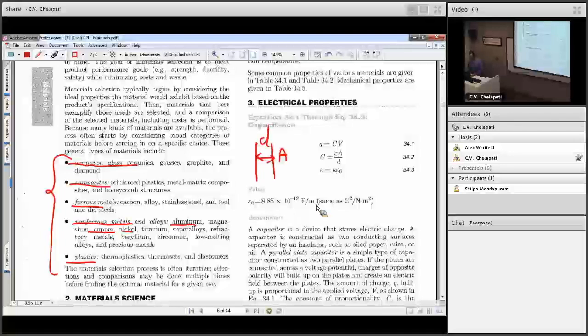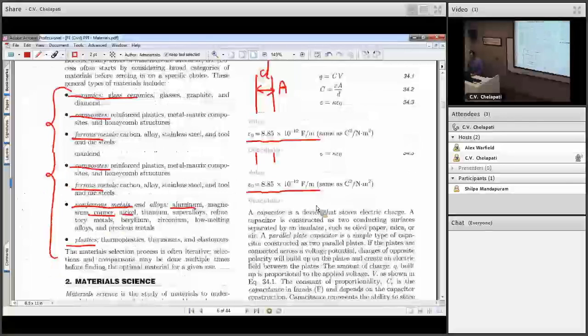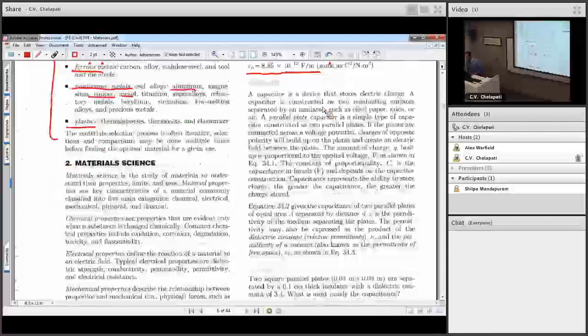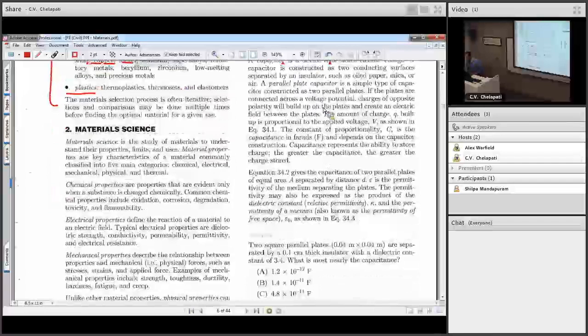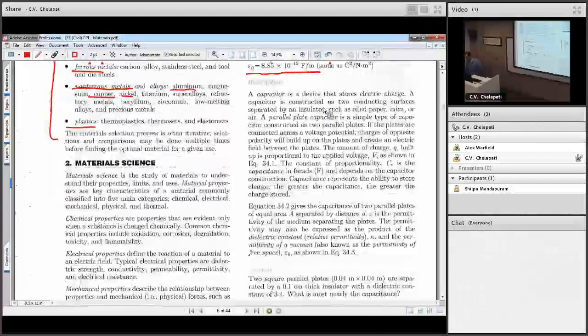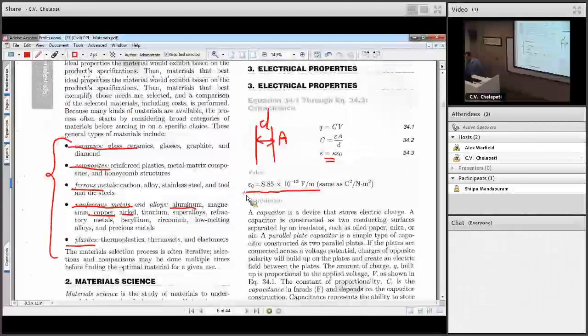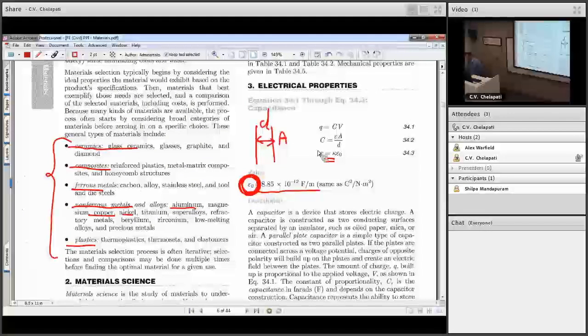Then we come down to material properties. First, we're going to focus on electrical properties, specifically capacitance. When you have a capacitor with a cross section A and a distance D in between, in vacuum it has a permittivity.